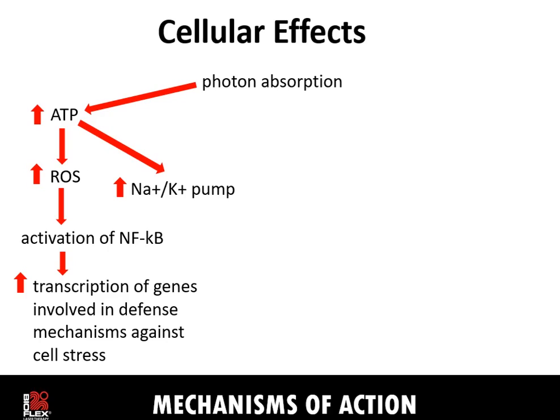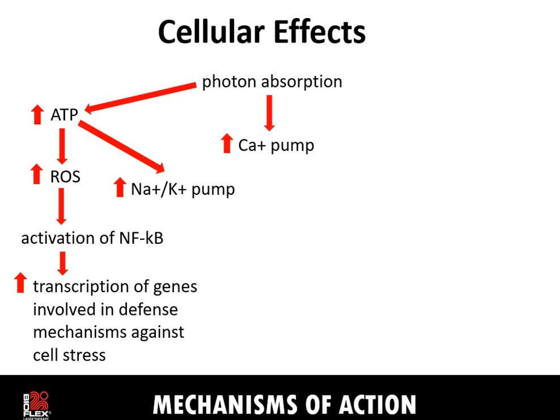So by triggering this enzyme to be more active, it can help the cell respond to negative stress like inflammation and disease processes. That's really one of the main mechanisms that's occurring.